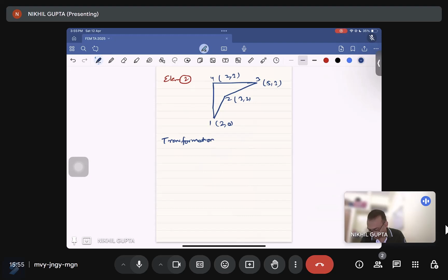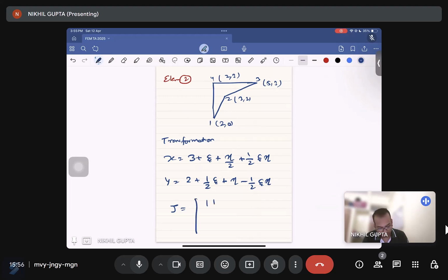Now transformations you will again do with the master element, and what you will get is x = 3 + xi + neta/2 + half xi neta. Similarly, y will be 2 + half xi + neta - half xi neta. So these are the two transformations. Now let's get the Jacobian.